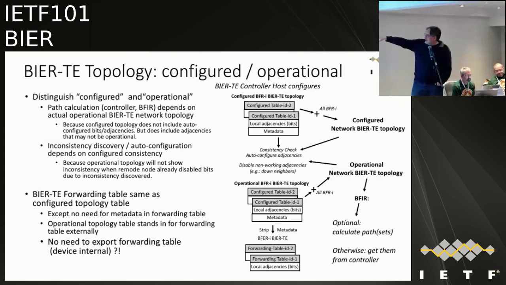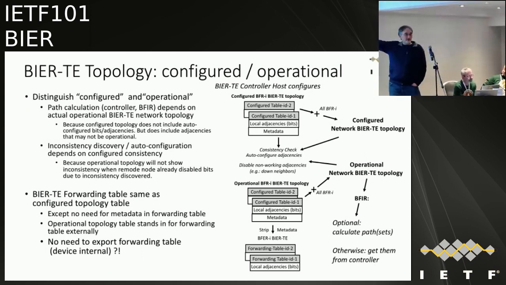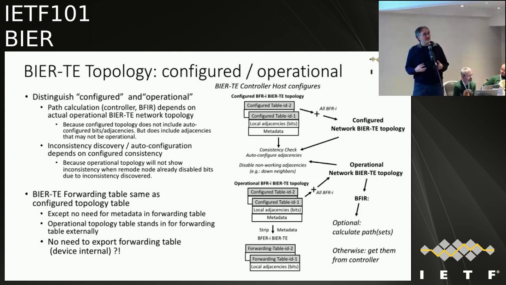Right, so when we think about this, the operational models in YANG and TE are evolving. We have this configured BRTE topology, and that's very interesting to look into for configuration inconsistencies and for auto configuration. But when we want to calculate paths, we want to know which bits are operational, which bits the router really likes to do forwarding on and hasn't taken down.